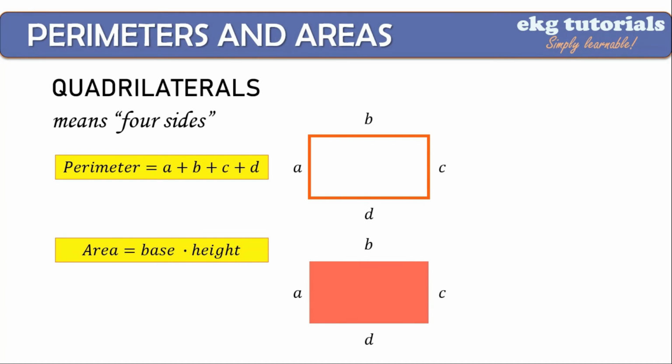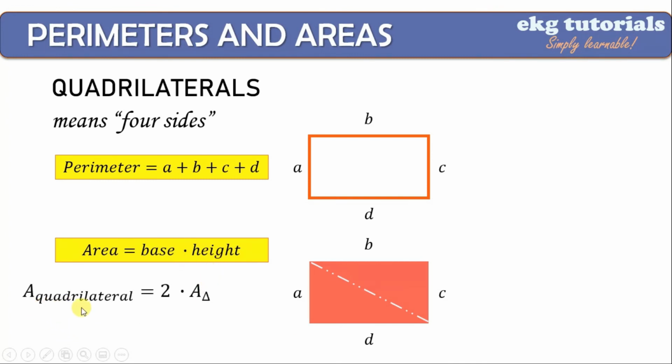Now, for a quadrilateral, it's actually base times height. How did it become like this? If we look at it, our quadrilateral is actually composed of 2 triangles. That is why it became base times height.